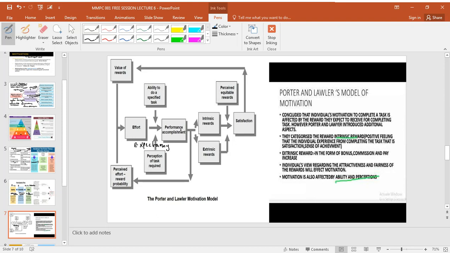Okay, so performance to the reward. Performance to reward, that is, I am performing this much so that I will get the reward. So that is the performance-reward relationship. We call it instrumentality.